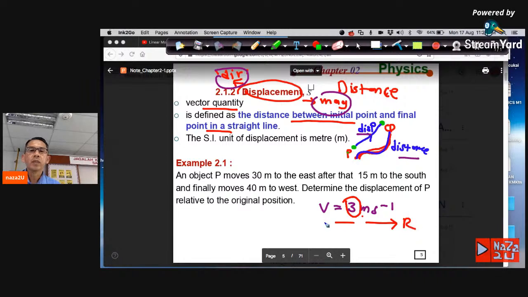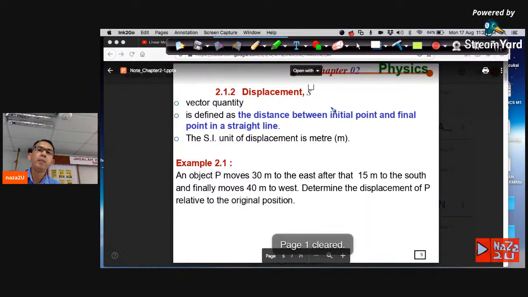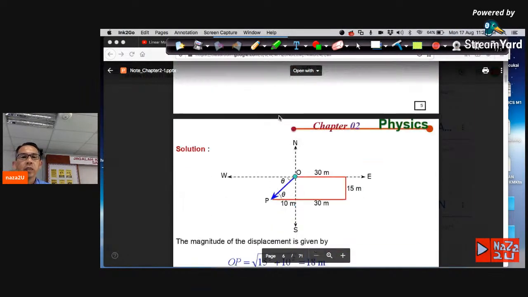To the right, to the left, upward, downward? So meaning it must have a direction. Okay, class? So this is the simple explanation that you can use to differentiate between distance and displacement. So we go next.